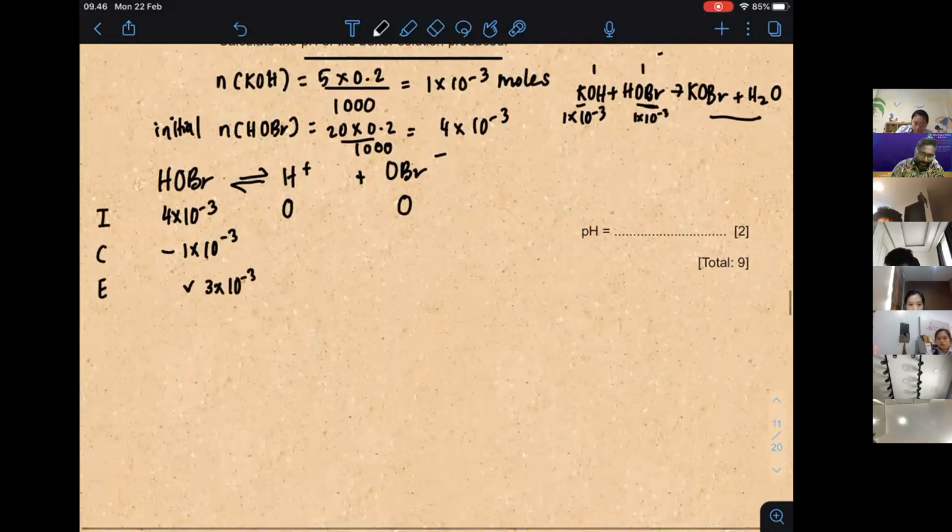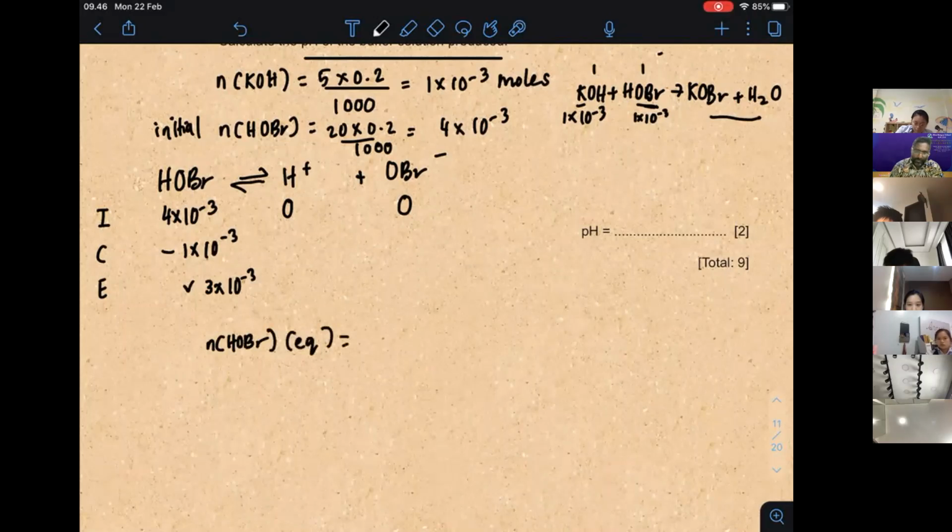Or you can say the number of moles of HOBr at equilibrium is 4 times 10 to the -3 minus 1 times 10 to the -3, which gives 3 times 10 to the -3. Now we also need to find the number of moles of OBr minus at equilibrium.